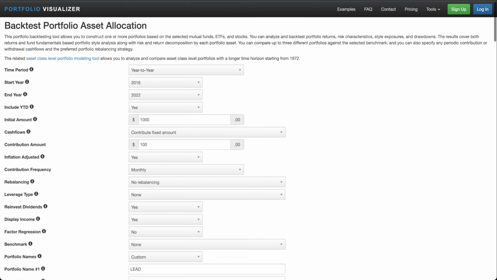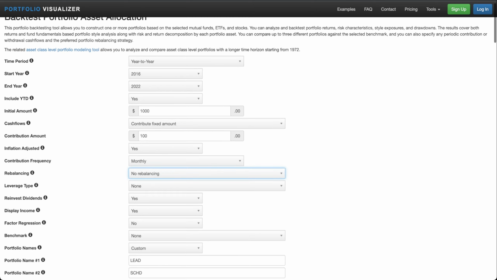Let us now backtest how the LEAD ETF performs against a few other famous ETFs. Here we consider Portfolio Visualizer as our website to test it out. The start year here we give as 2016 because that's when the ETF started. Initially contributing $1,000 and contributing $100 from then on every single month, reinvesting the dividends.